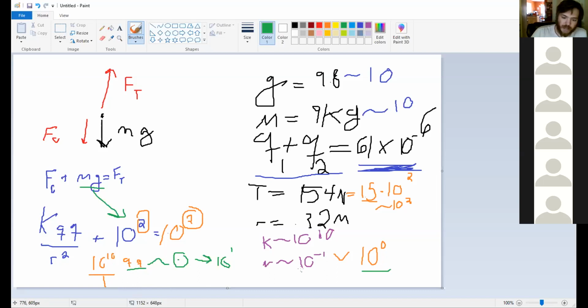And then if I use 10 to the negative 1 down here, I get 10 to the 12 Q1, Q2, because this would be 10 to the negative 2. So 10 to the 12 Q1, Q2 is about equal to 10 to the 1. So we would get Q1, Q2 is 10 to the negative 11th, or 10 to the negative 5th, right around there. So either one we get between 10 to the negative 4.5 and 10 to the negative 5.5.